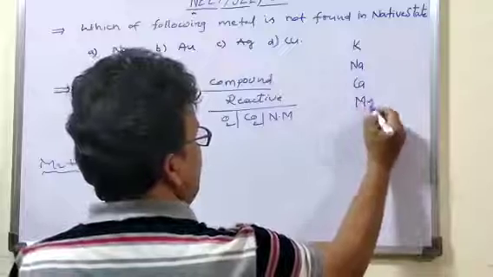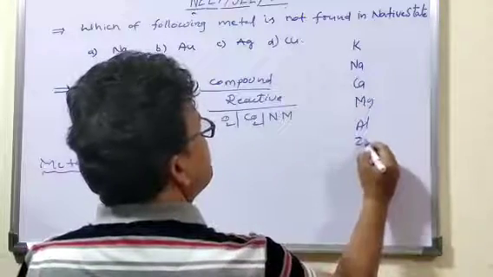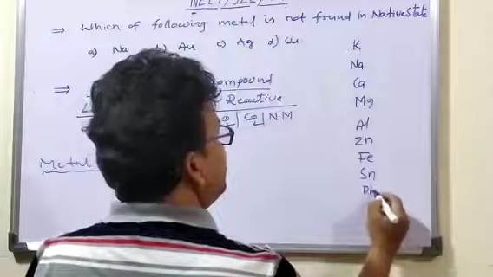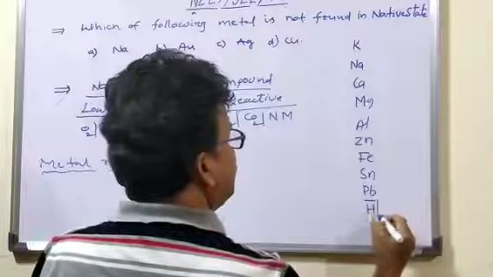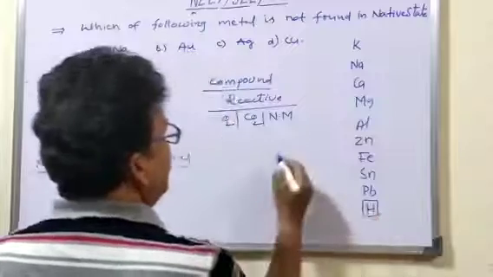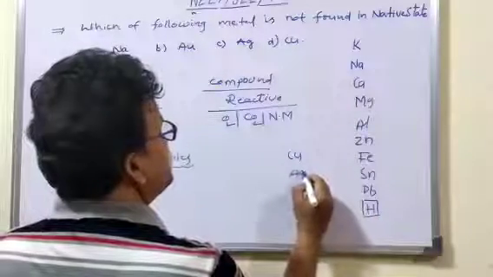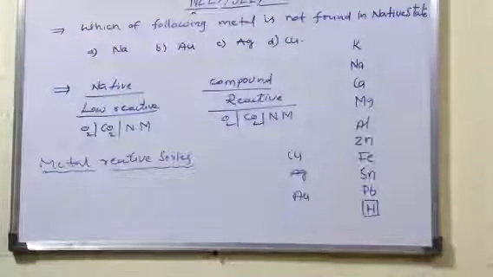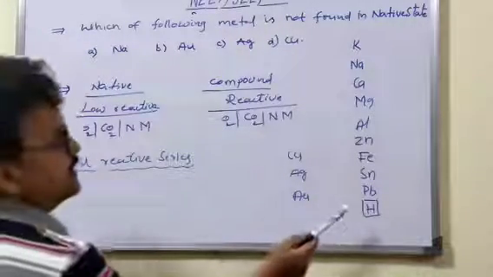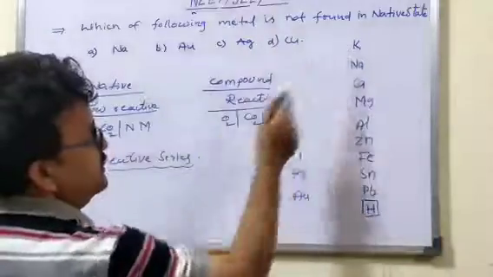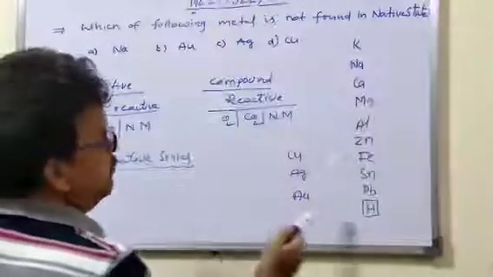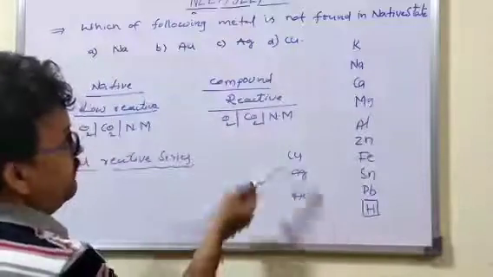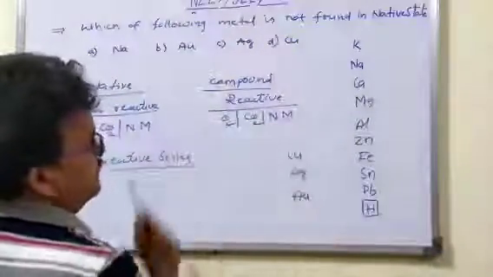Then we have aluminium, zinc, iron, tin, lead, hydrogen, and down we have copper, silver, gold. Remember that the metals which are above the hydrogen are more reactive. More reactive means they are not in native form, they are in compound form.